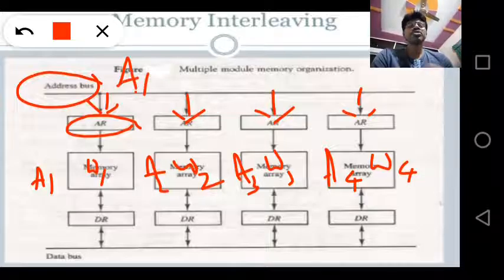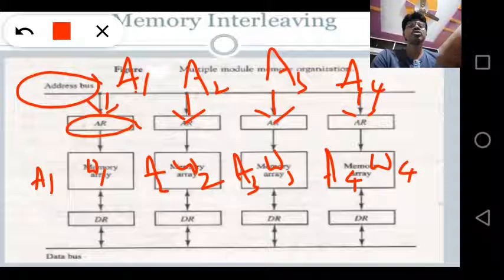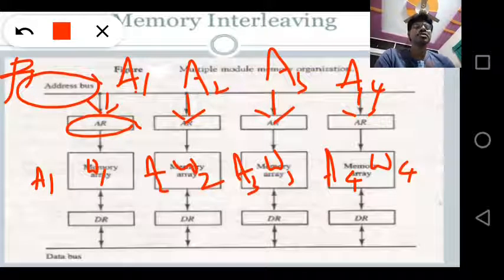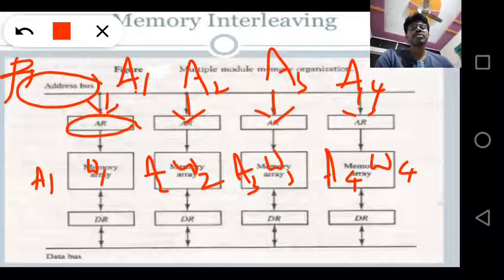The processor issues these addresses, so the address bus just carries A1, A2, A3 and A4.